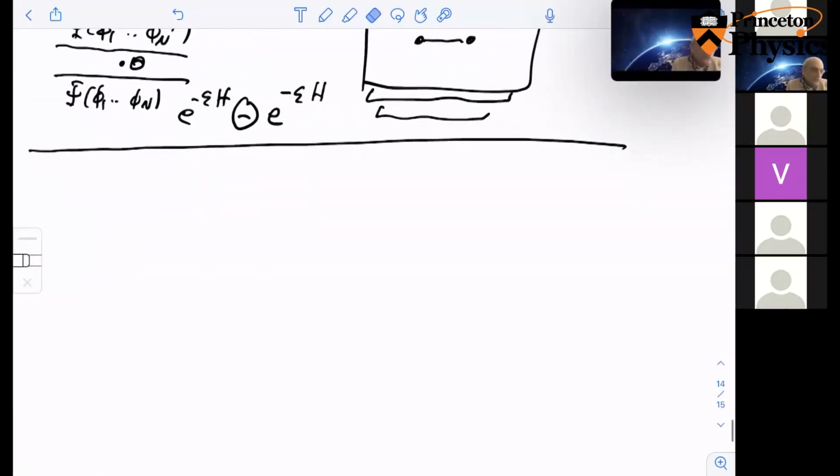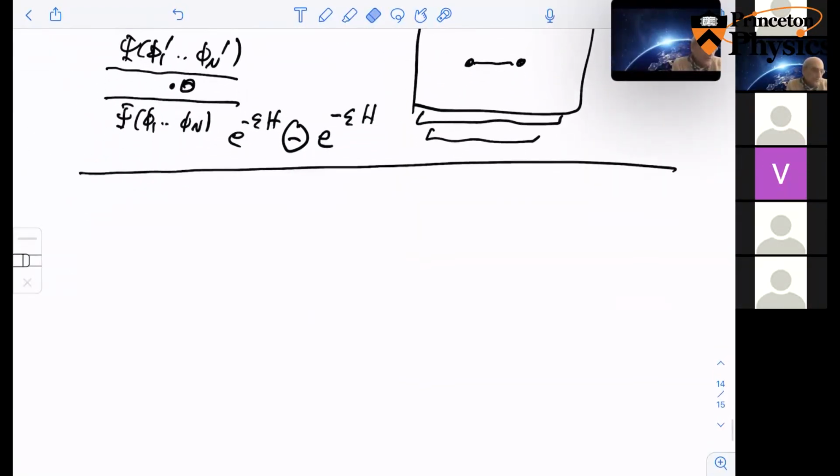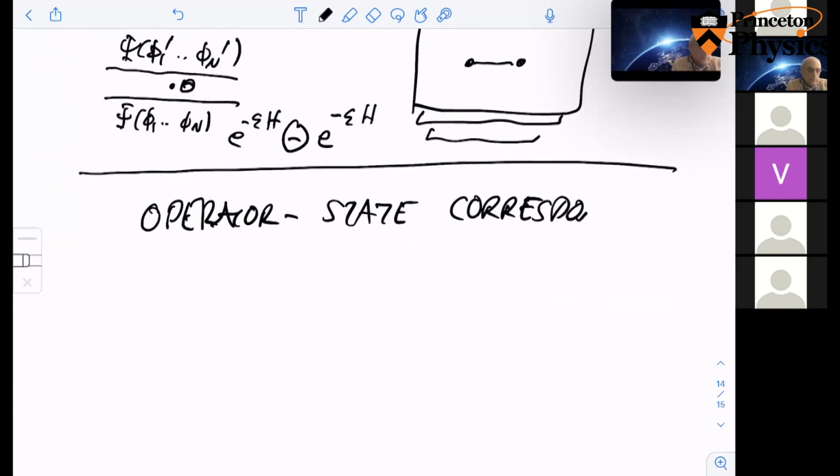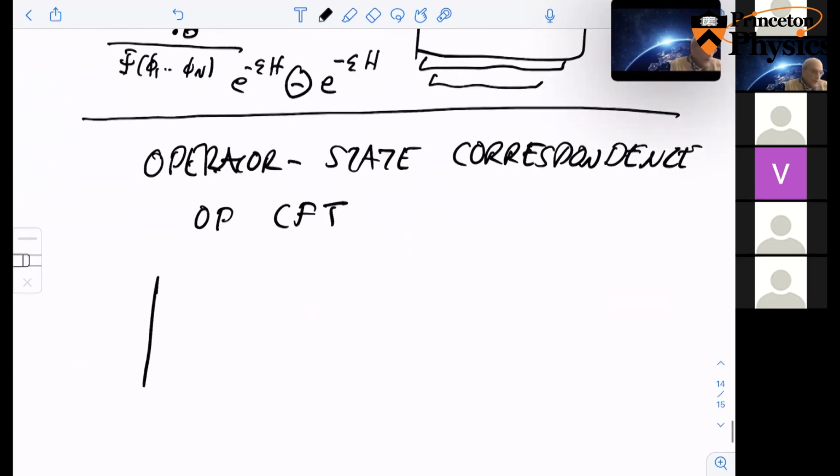So we're going to use what's called the operator state correspondence of conformal field theory. The idea is that here's the path integral in the plane, and here's a point where we're inserting some operator. The operator creates a kind of singularity.